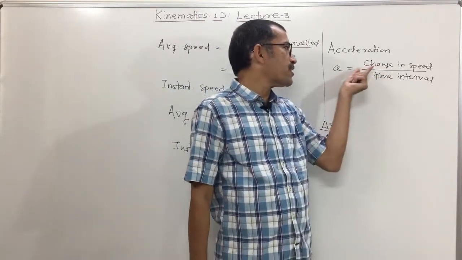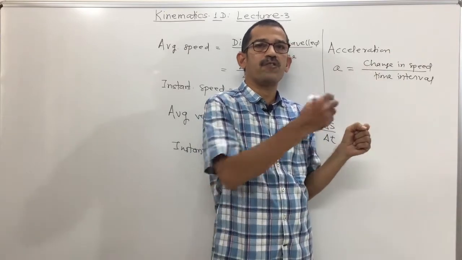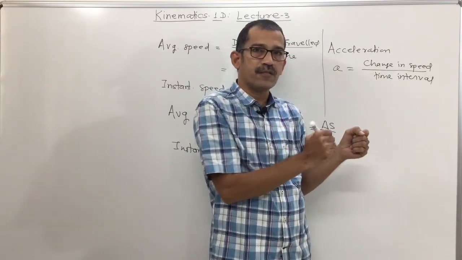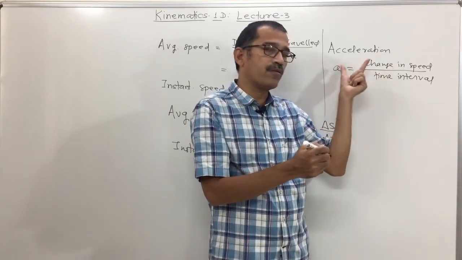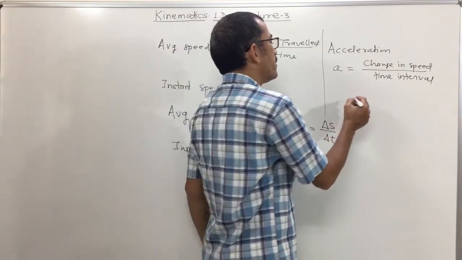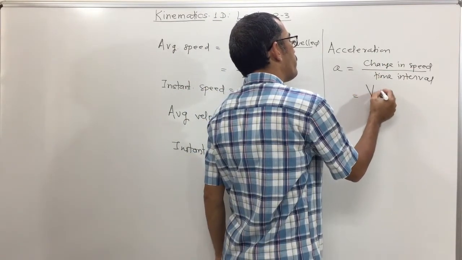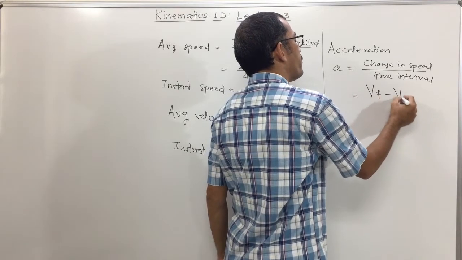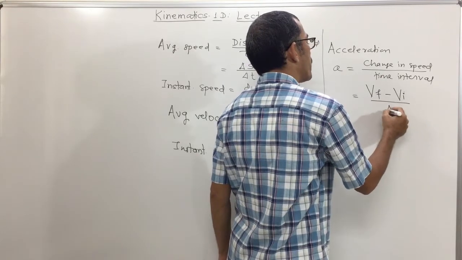Now the change may be positive, the change may be negative. Whenever you find a change, any change, it is always final minus initial. That means the change in speed is V final minus V initial, upon the time interval.